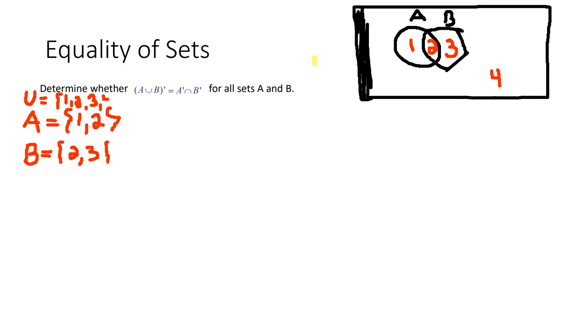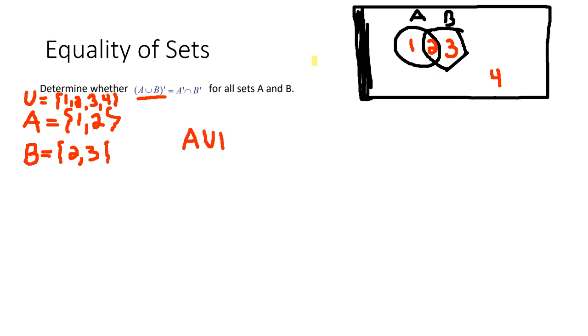Okay, so we haven't even started the problem here, right? All we've done is we drew just a Venn diagram, and these numbers represent the areas of each of those regions, okay? So now we're ready to begin our problem here. So we're going to have A union B, and this is all in parentheses.